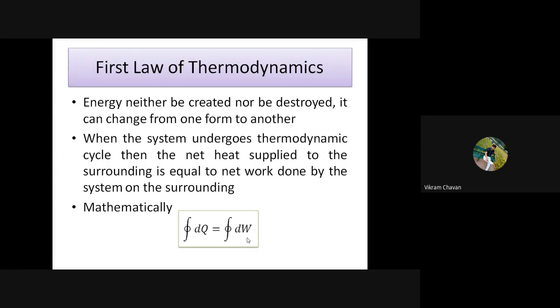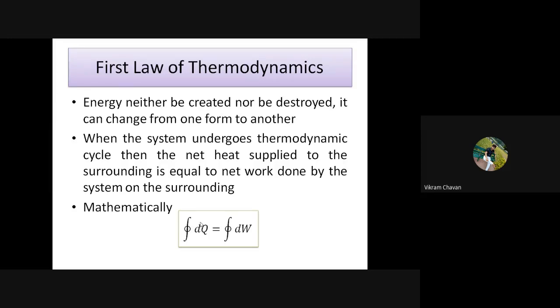Mathematically it is represented as the cyclic integration. This is the symbol of a cyclic integration, an integration with a circle. Cyclic integration of dq equals cyclic integration of dw. Cyclic integration means the sum for the complete cycle.